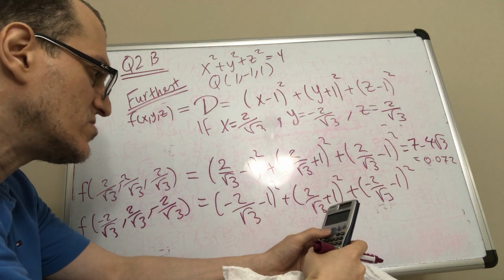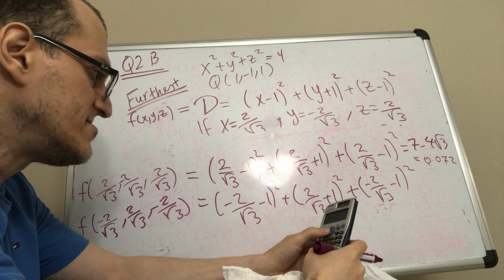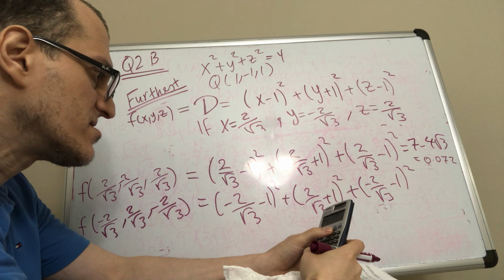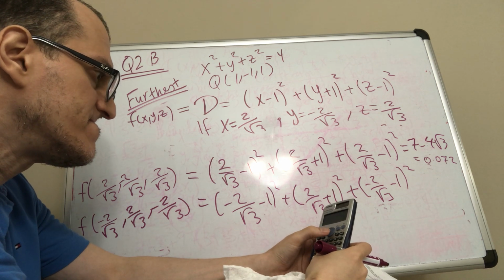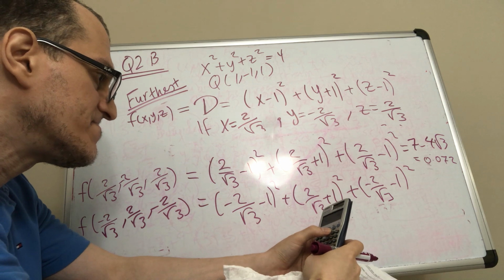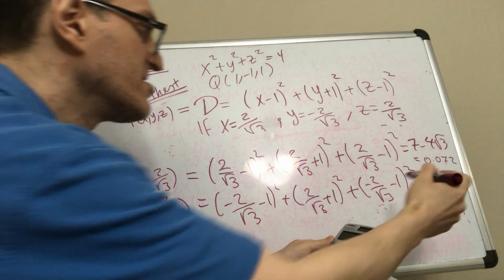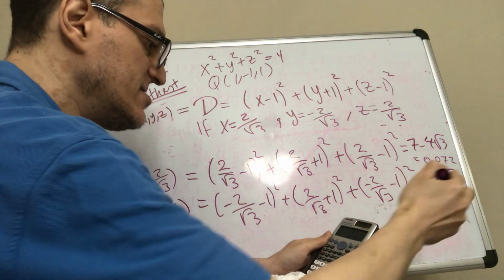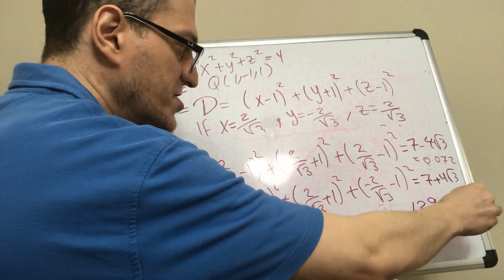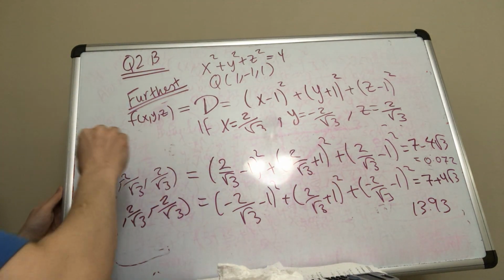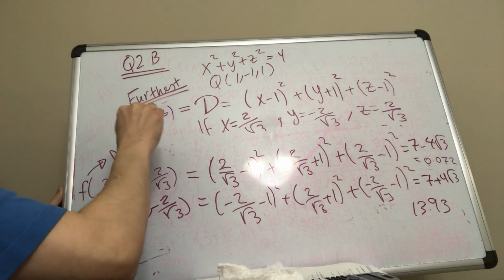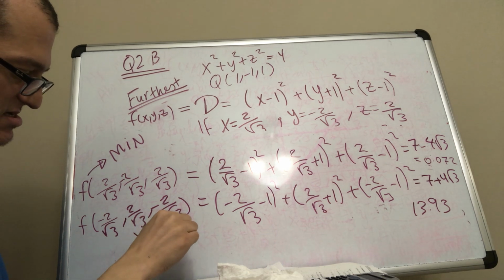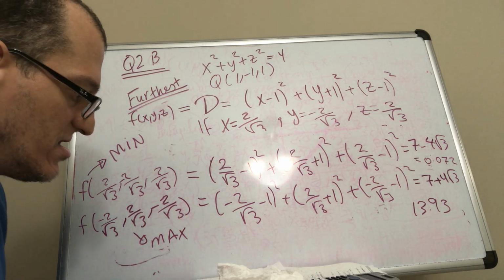If we use the second one, we get 7 plus 4 root 3, and that's about 13.93. That means that this point is the minimum, and this point here is the maximum. Okay.